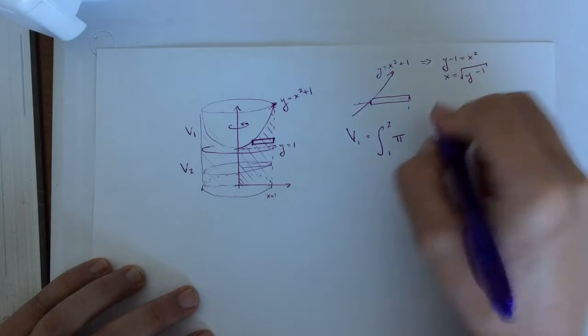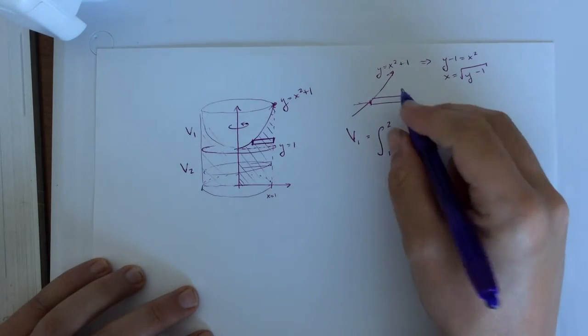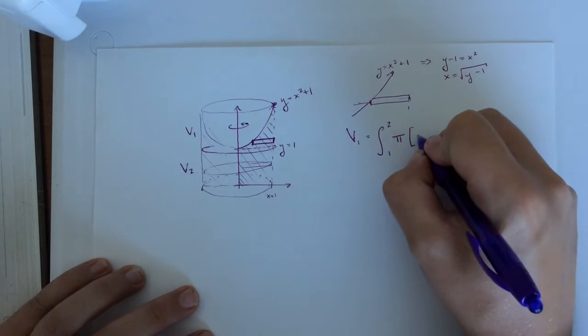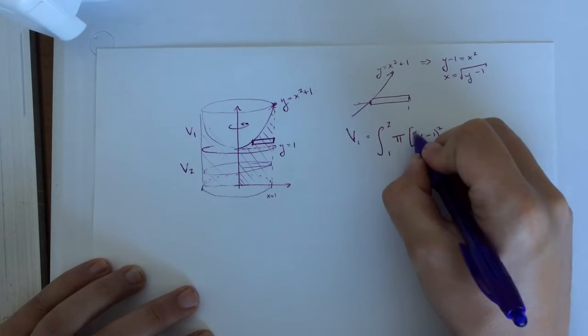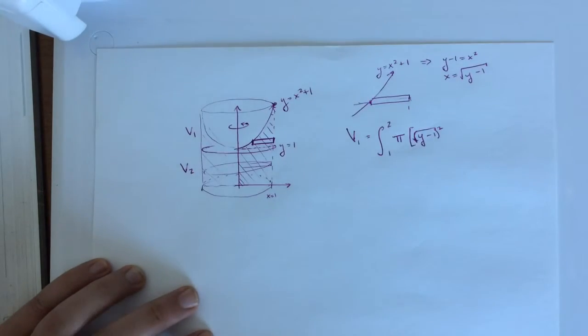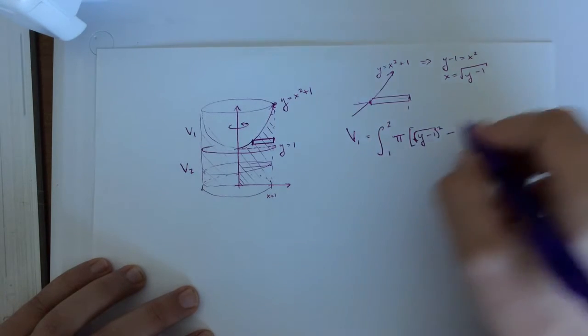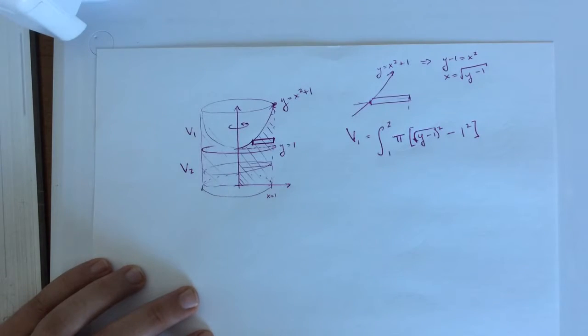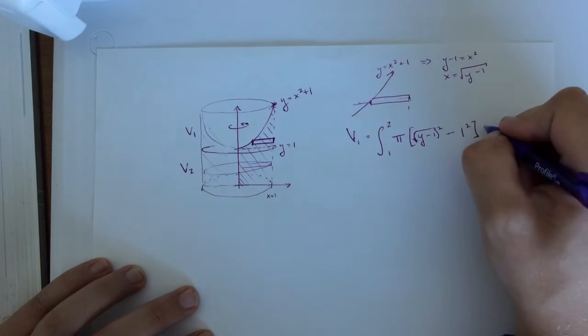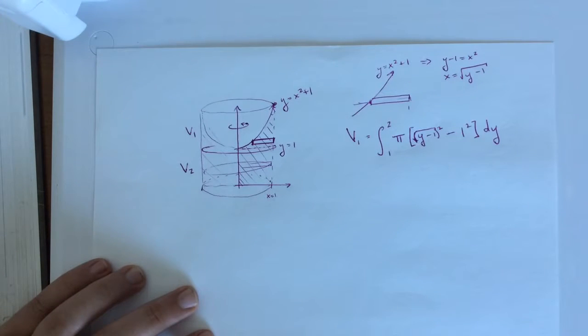Times pi times the inner radius squared, which is the square root of y minus 1, squared, minus the outer radius squared. So we have 1 squared. And the integral is going to be taken with respect to y.